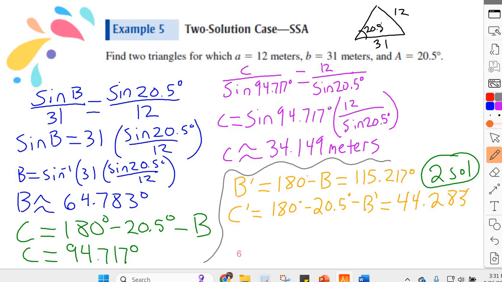Correct. Little c. So we found little c for my first triangle, which means that we also have to find a little c for my second triangle. It's going to be very similar. The only difference in our setup is that we're going to use sine of 44.283 now instead.